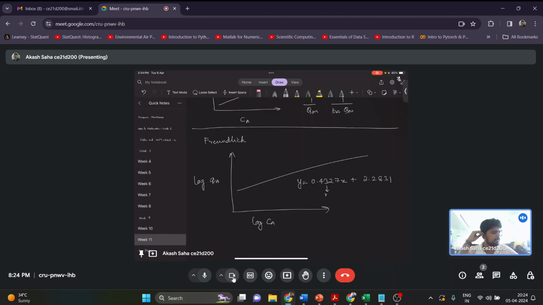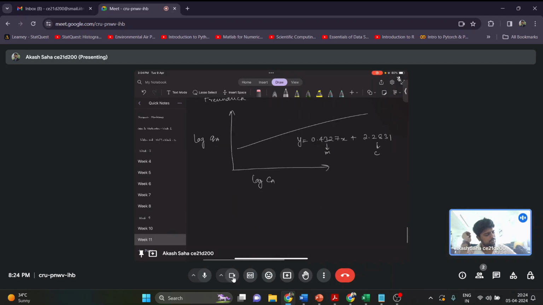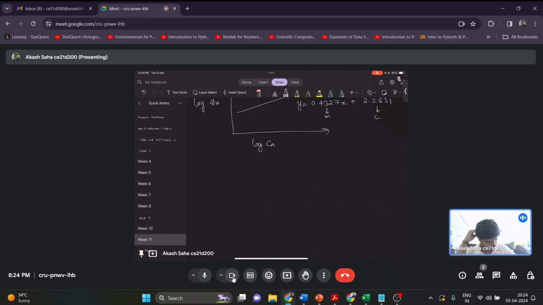So here this is my m, this is my c. Now again if we see the Freundlich isotherm equation, it is log Qe is equal to log K plus 1 by n log Ce.